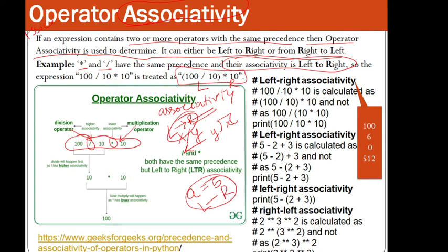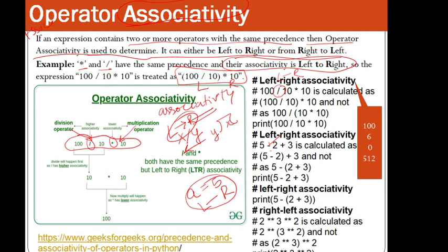So for left to right associativity, we have already seen that as they are of the same precedence, the associativity is left to right. So first, whichever is coming on the left will be executed. So this is left, this is right. Then coming over here, minus and plus have the same precedence. So this is again left to right.